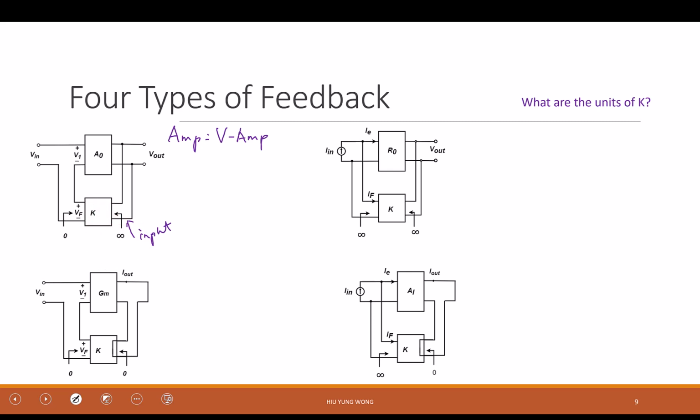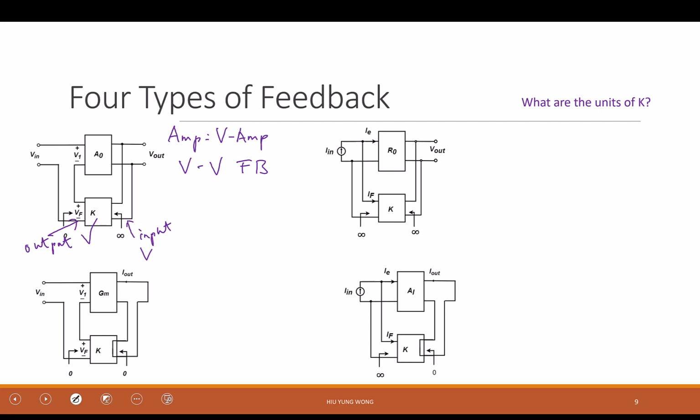So this is voltage. This is the output. So this is also voltage. And the reason is just because my input is voltage. When I do the feedback, I'm doing subtraction. I need to use voltage to subtract a voltage, right? So because of this, this is called voltage feedback.